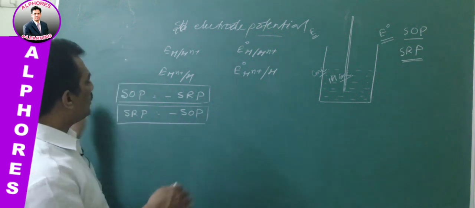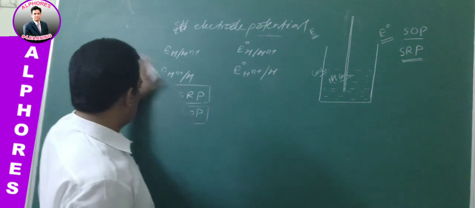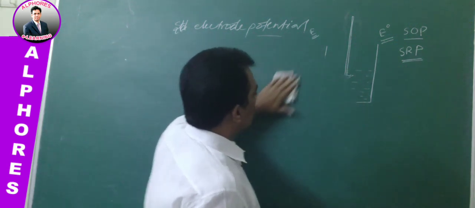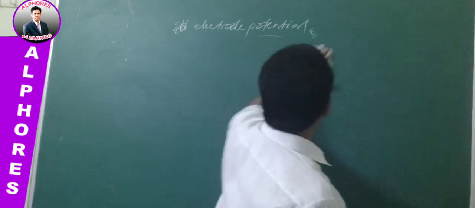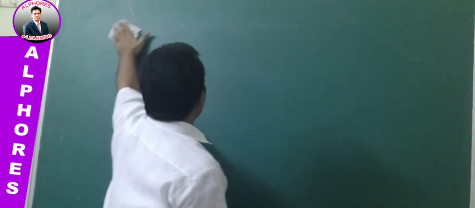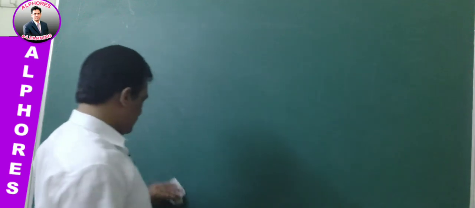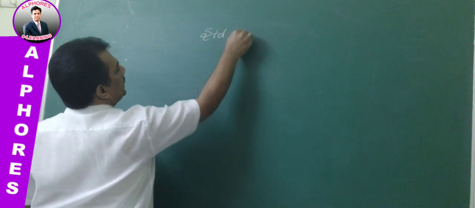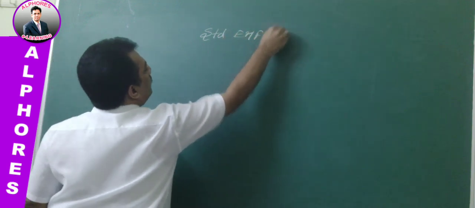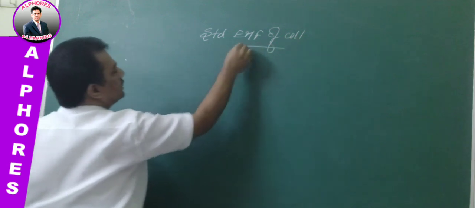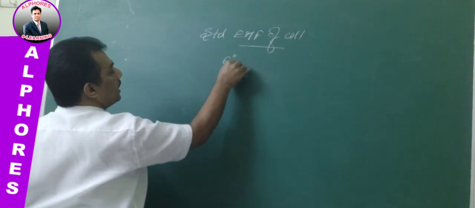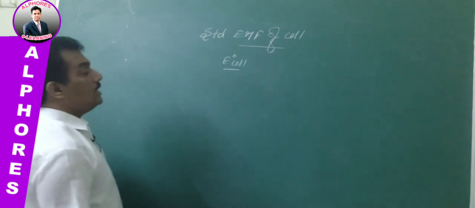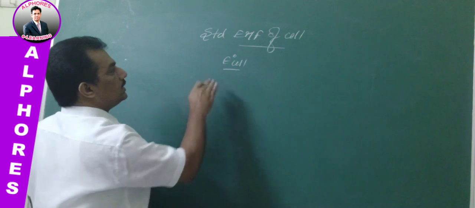Now, after knowing the SRP or SOP value, that means for two electrodes, if we know the SOP value for one electrode and the SRP value for another electrode, how do we measure the standard EMF of the cell, which is represented as E0 cell? What is the EMF of the cell?